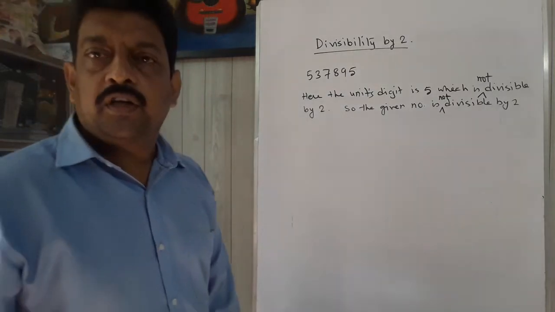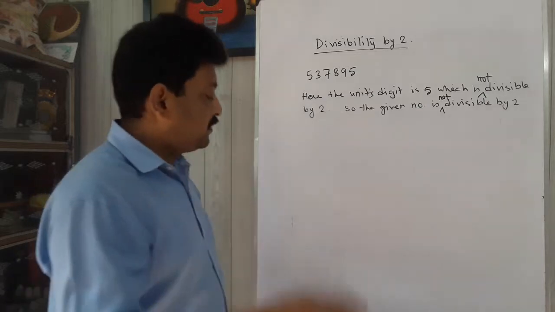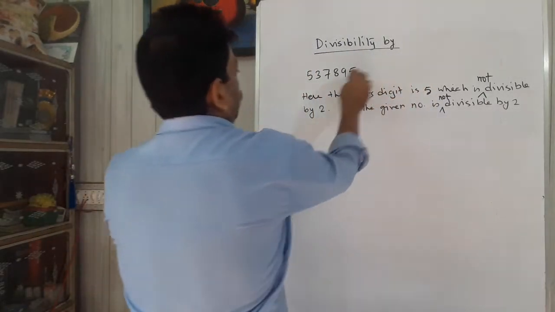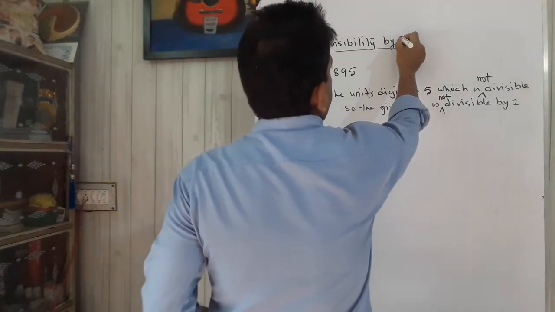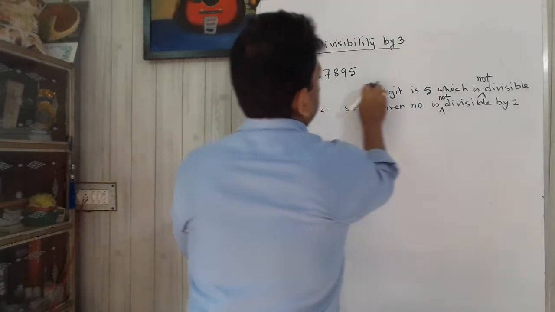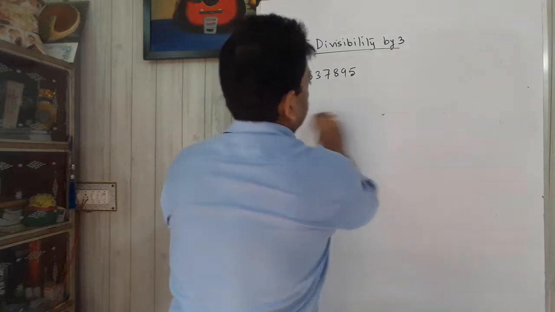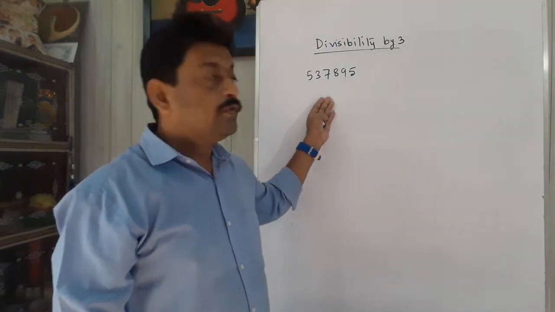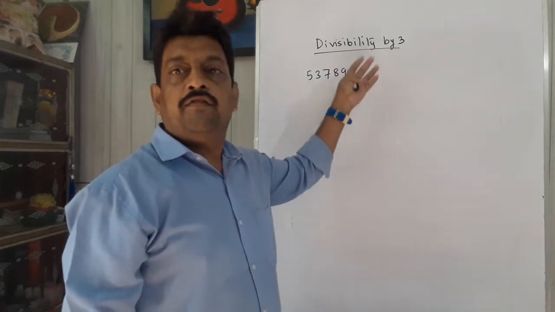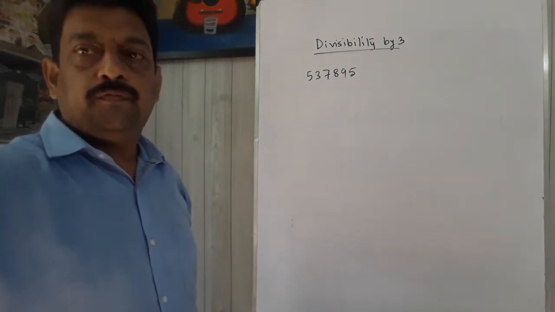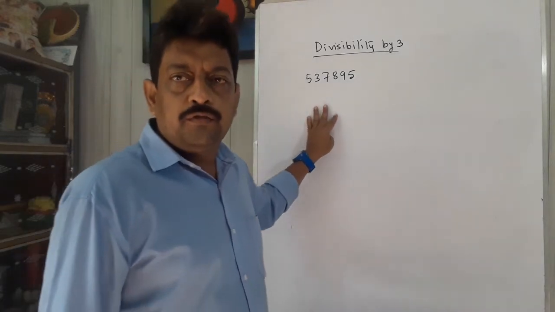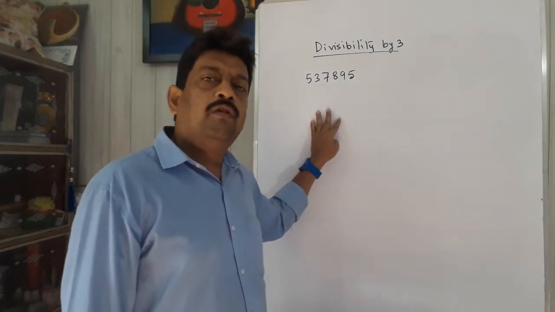Now let me check the divisibility by 3. Let me use the same number, 537895. So first of all, what you have to do is add all the digits.